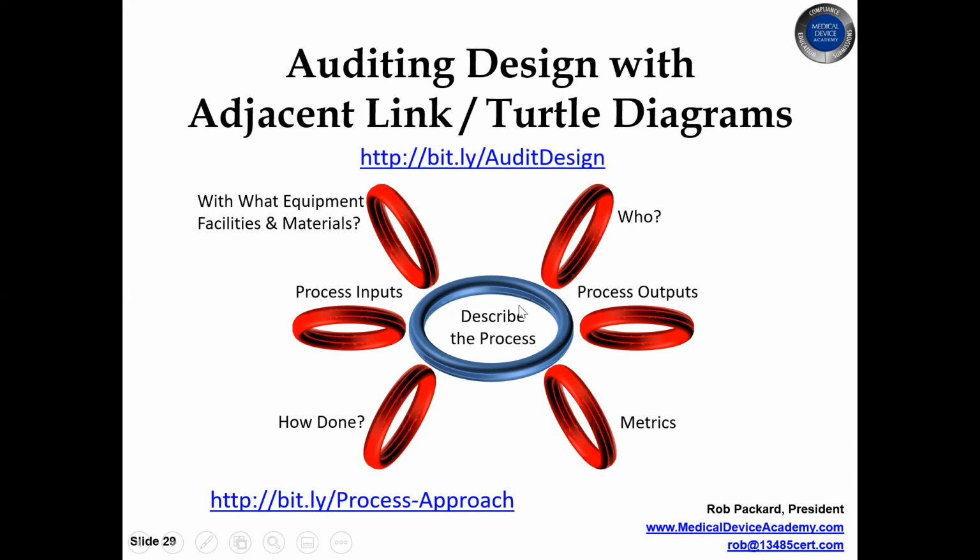Typically, when we interview the process owner, we ask them to describe the process in their own words, then look at the inputs, the outputs, the equipment and facilities, the people involved, the procedures and forms, and then the metrics. In that order, it's 1, 2, 3, 4, 5, 6, 7. You could go out of order, that's not a problem, but you can actually draw that diagram as a turtle diagram. But this is an adjacent link model that will help you.